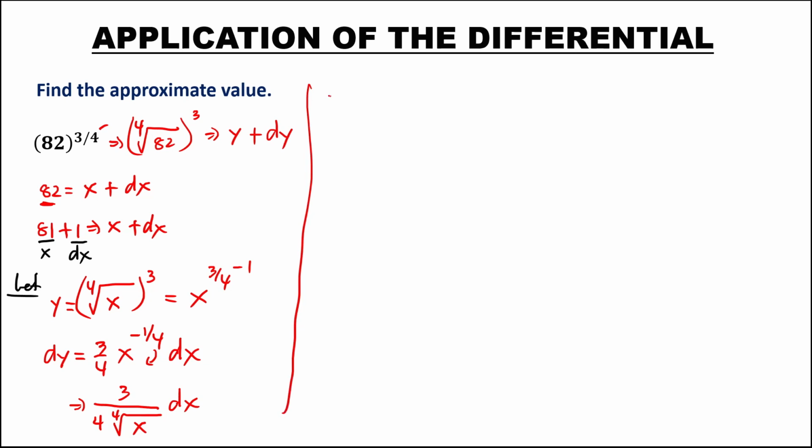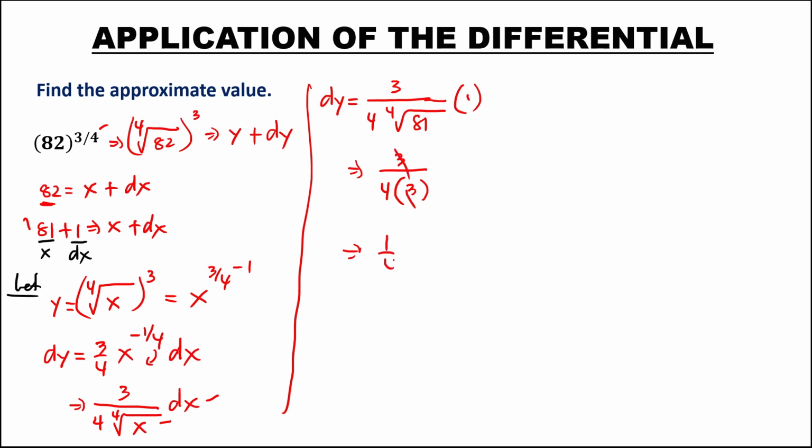Then to solve for dy, we have 3 over 4 times the fourth root of x, and x is 81, times dx, and dx is 1. So this becomes 3 over 4 times the fourth root of 81, which is 3, so this becomes 1 over 4, or 0.25. So dy is 0.25.